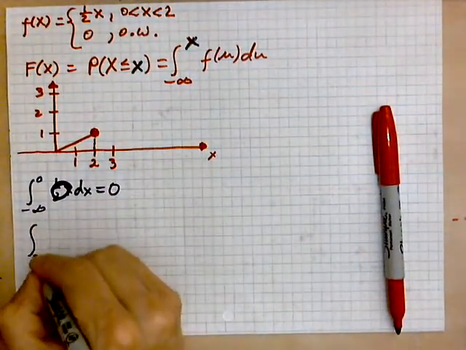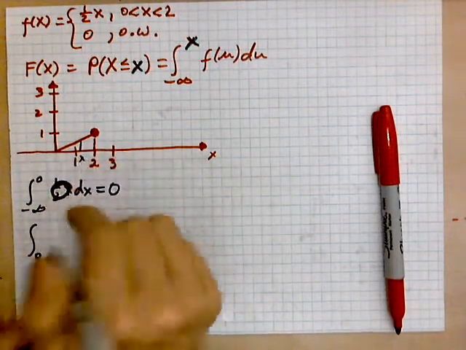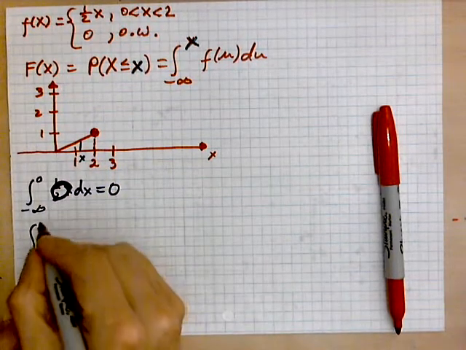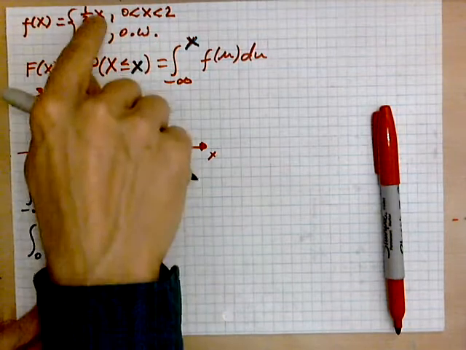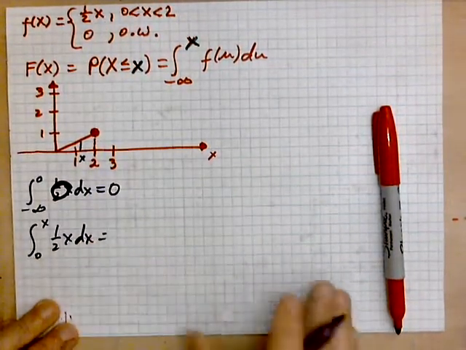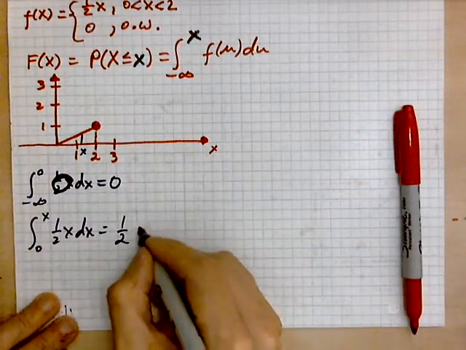Then, between 0 and some value of x restricted to the interval 0 to 2, I have the following. I use the 1/2 x dx. So let's perform this integration. The 1/2 goes out. Use the power rule on x.